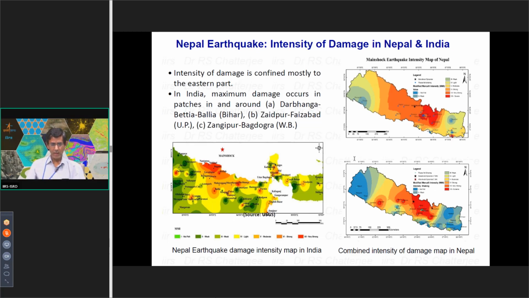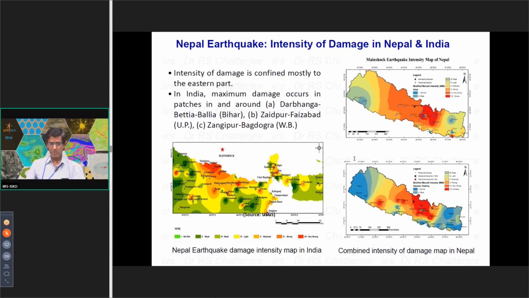If you see the intensity of damage, it is confined mostly to the eastern side. Generally, the damage should take place in and around the epicenter, but in this case, damage has taken place mostly in the eastern part of the earthquake.